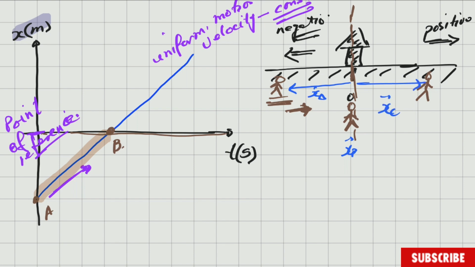So from A to B, the person is moving towards the point of reference from the negative side. It reaches the point of reference, which is the x-axis, and continues moving in the same direction.